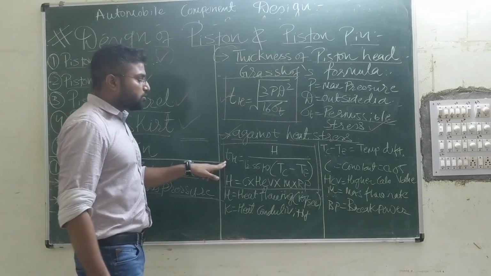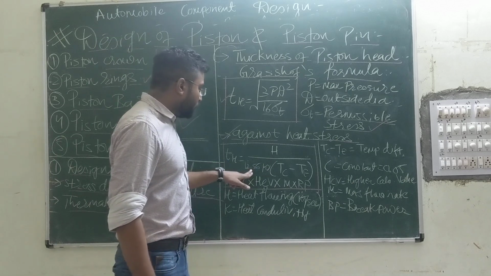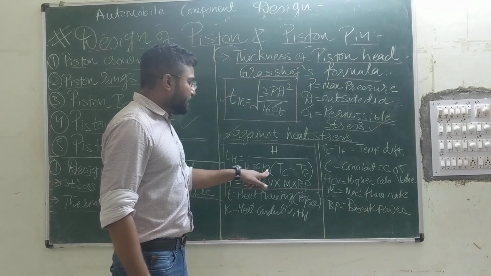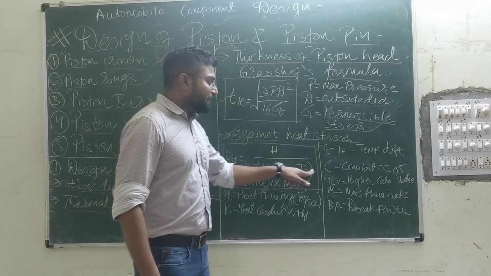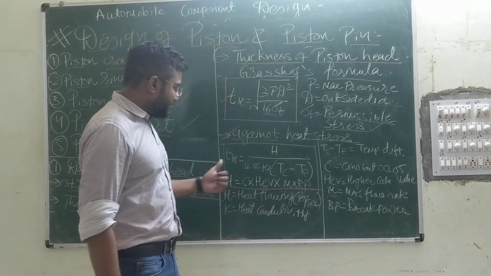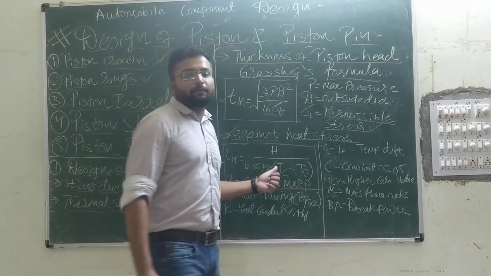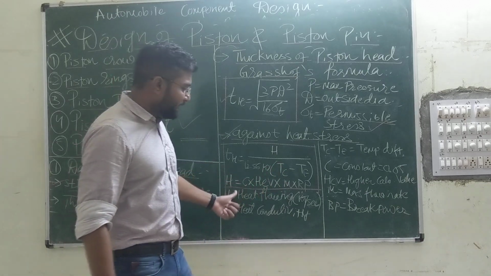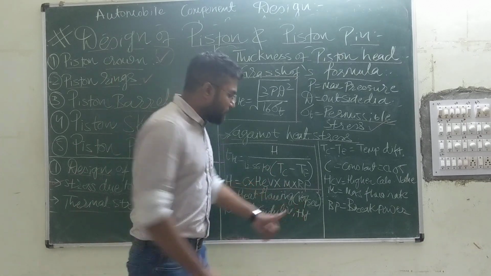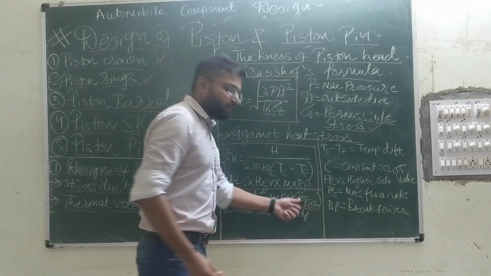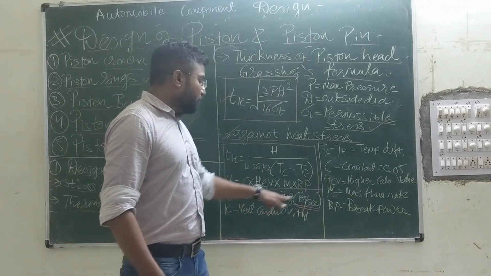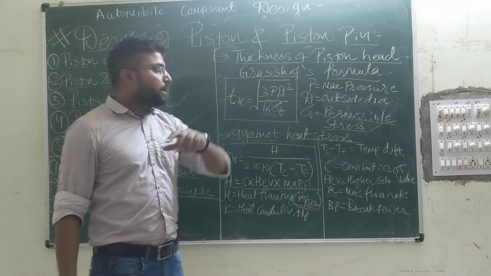Here it is also an empirical formula, H upon 12.56 K into Tc minus Te, where H is the heat flow rate, in kilojoule per second.